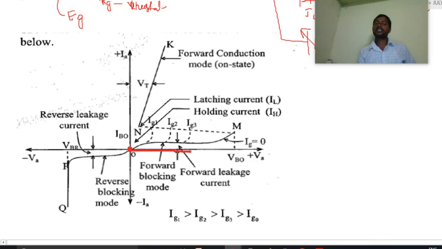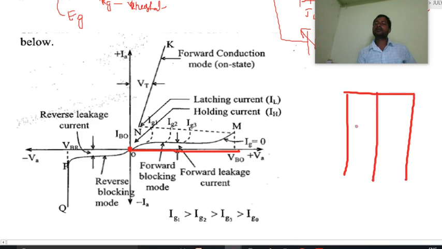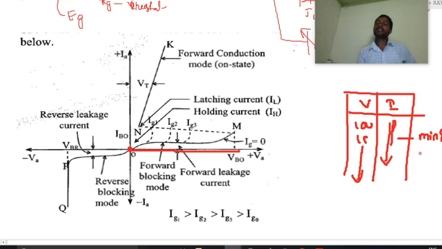As voltage increases in this direction, taking a box, this is voltage and this is current. As the voltage increases to 10 volts, 15 volts, the current also increases. This current is due to minority carrier current, so it is very less.